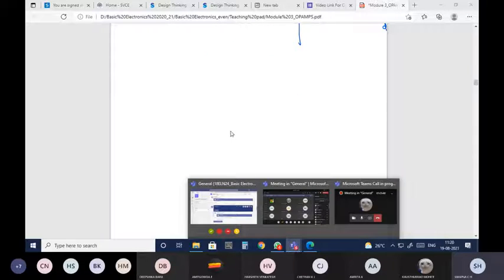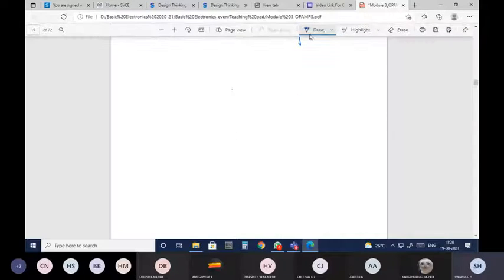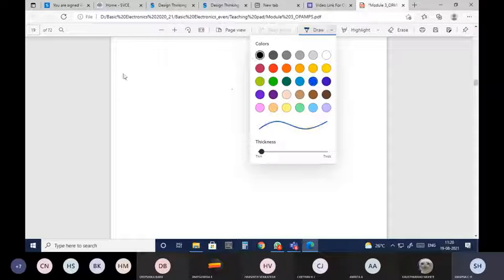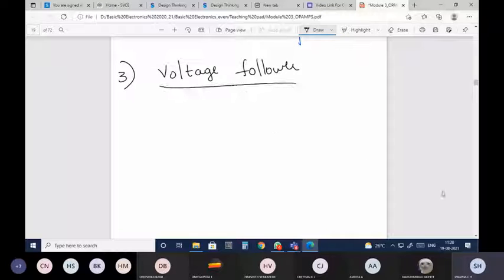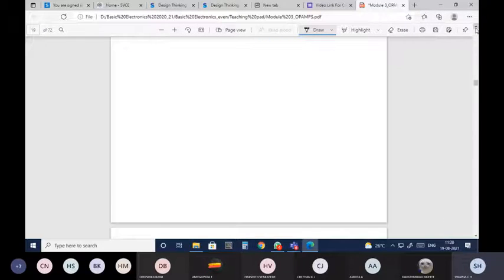Now I'll go to the next application. The third application is the voltage follower. This is a very simple circuit and even the analysis is very easy. The circuit connection is like this.